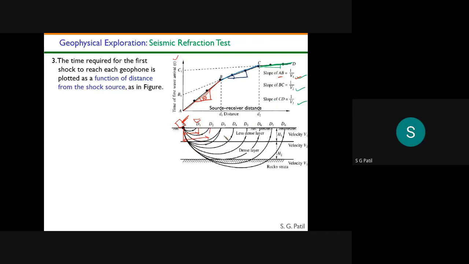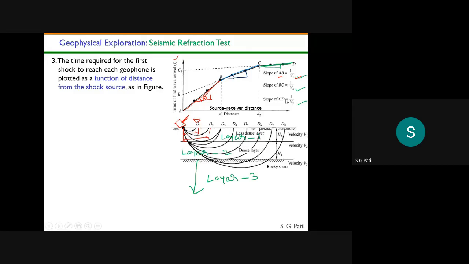So this is layer 1, this is layer 2, and this is layer 3. Any doubt till now on how to get the velocity?